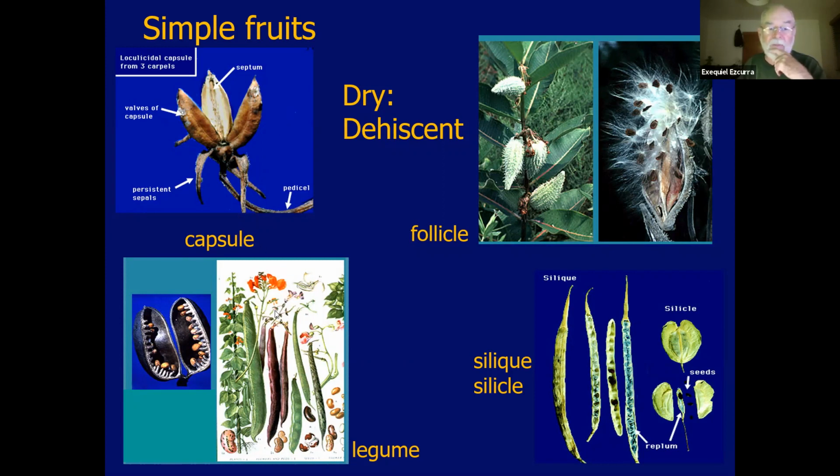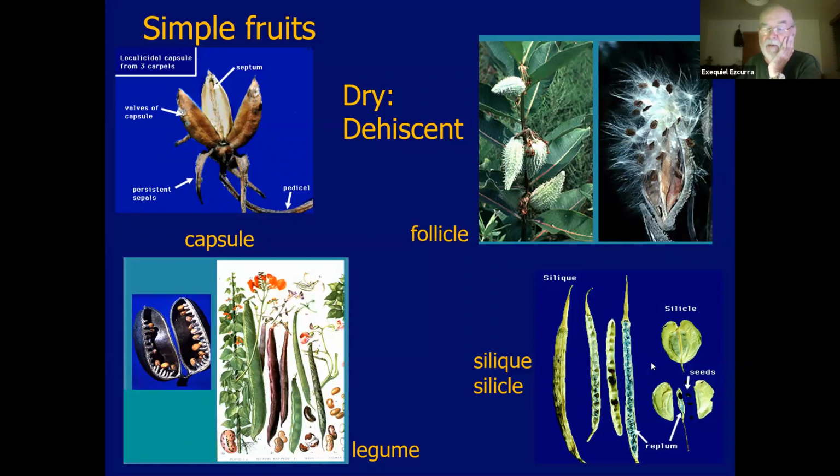The legumes, like green peas or like edamame pods, for example, are normally green, but if they stay on the plant, they become dry, and eventually they will open. Most legumes will open and release the seed into the environment.